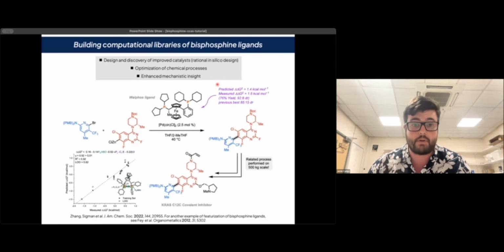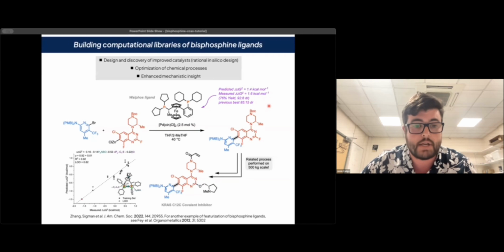And so one example from the Sigman group a few years ago now, this is also in collaboration with partners at Genentech, was looking at this atroposelective Negishi cross-coupling reaction. So we're coupling this 2-bromopyridine with this aromatic zinc reagent here. And after some modeling where these ligands are featurized, and these are featurized as their palladium dichloride complexes, they come up with this Walphos-type ligand, which gave pretty good selectivity compared to their best case.